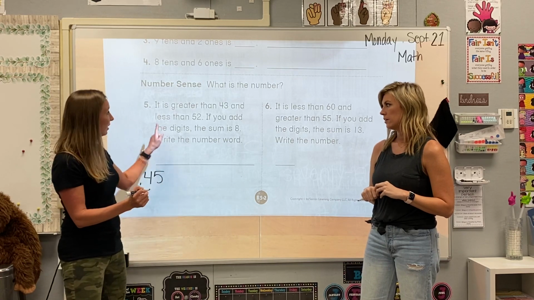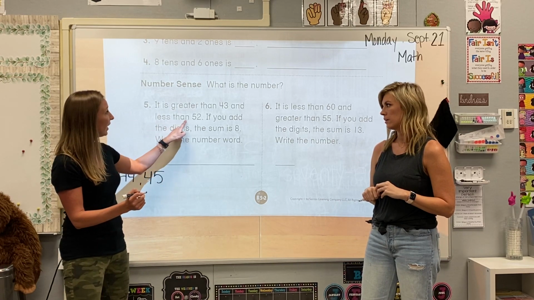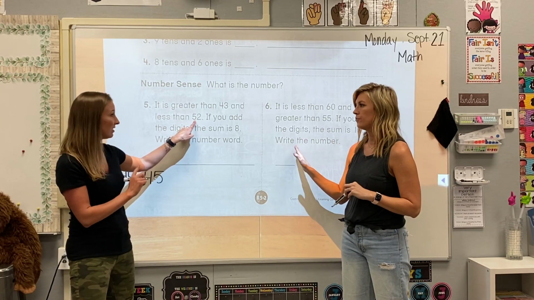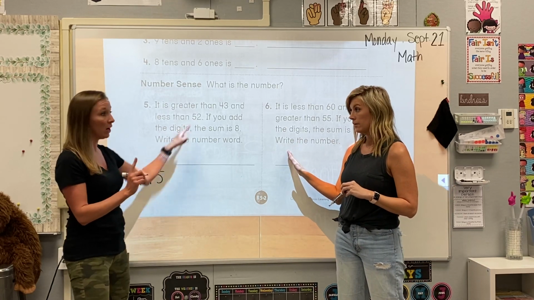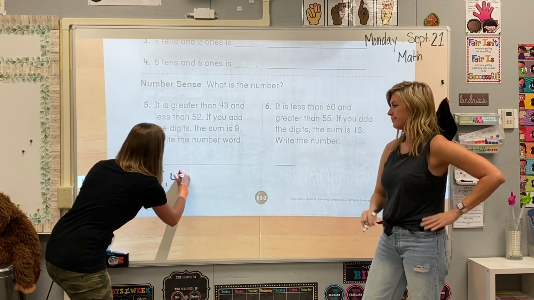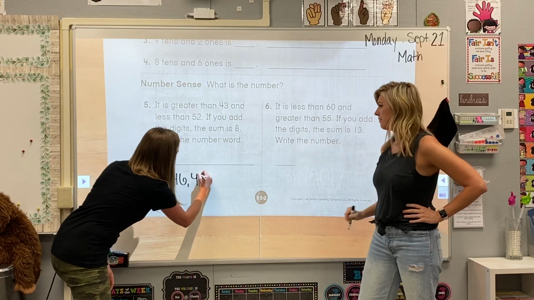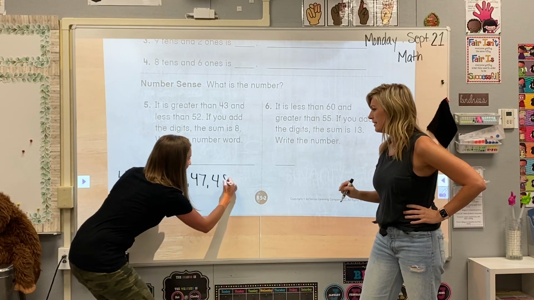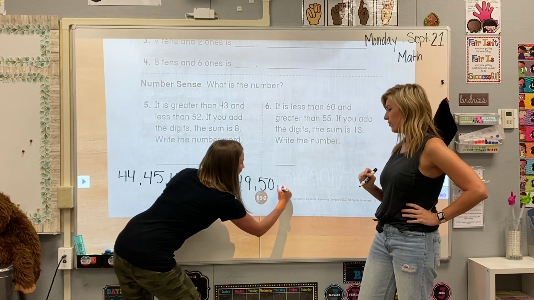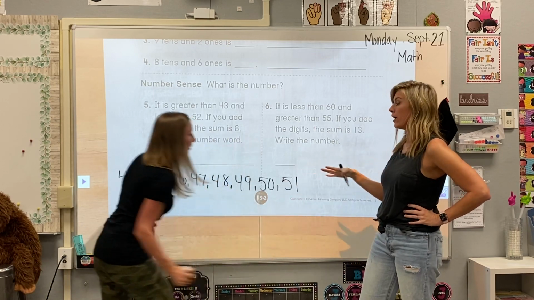In fact, it can be a number all the way up to, not including 52, so less than 52, all the way to 51. So I'm just going to keep making a list of numbers all the way to 51. 46, 47, 48, 49, 50, 51. That's a lot of possible answers.